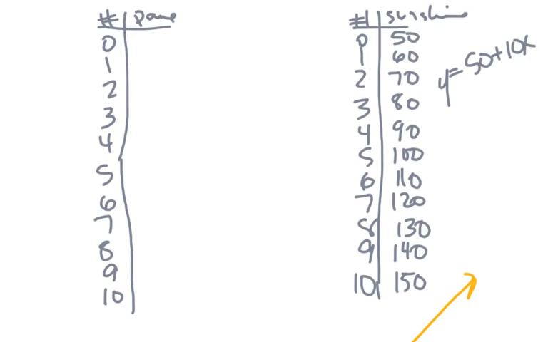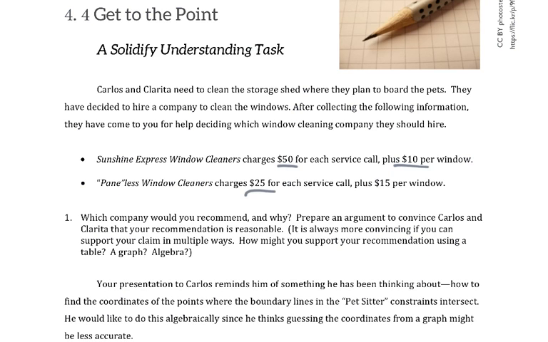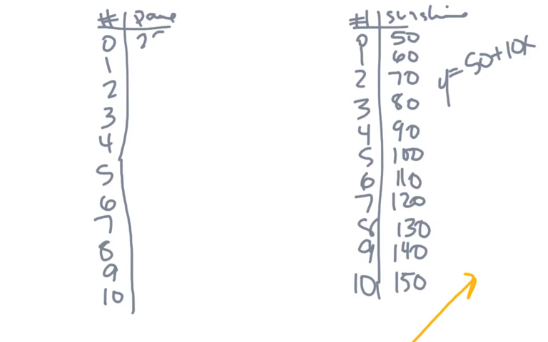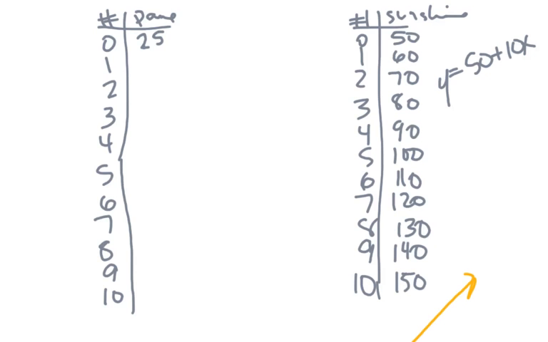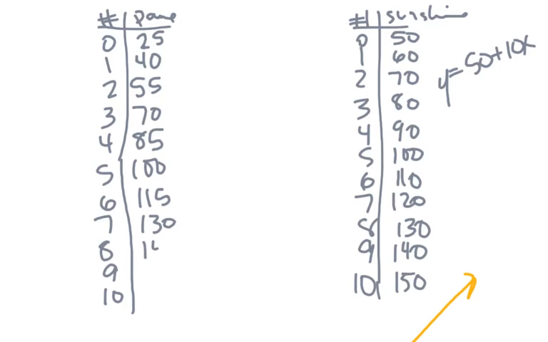Alright, then the Painless. So this one we start out at 25 for the service call, and then it's 15 per window. So 15 would get us up to 40, then 55, 70, 85, 100, 115, 130, 145, 160, 175.